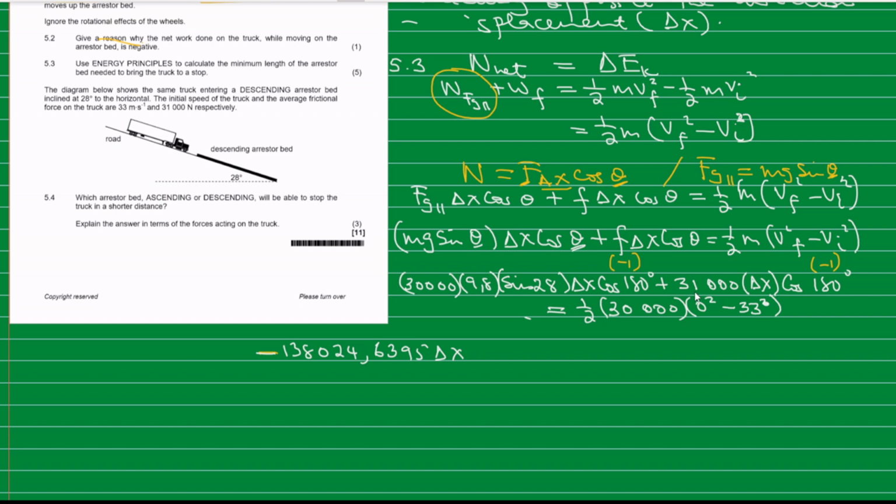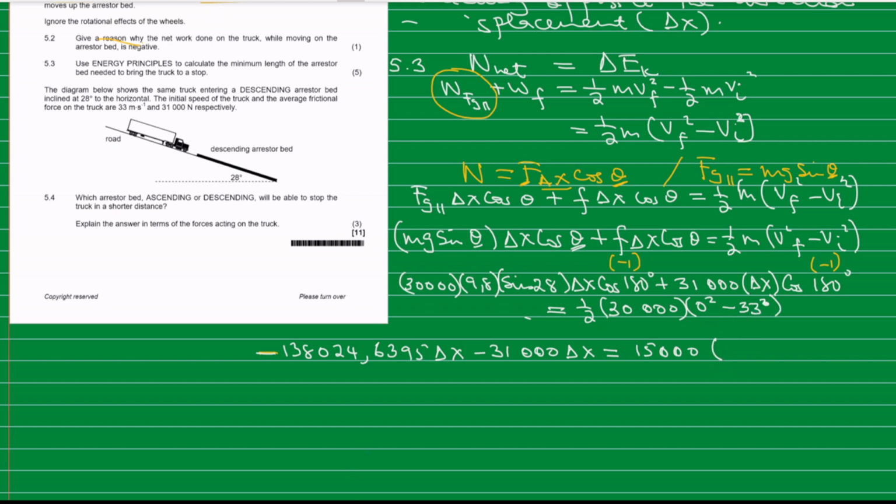Then we work out this one again, 31,000 by delta x cos 180. Basically this is -1 times 31,000, that will be a negative 31,000 delta x. This will be equal to half of 30,000, I will just put in 15,000 here, multiplying 33 squared.